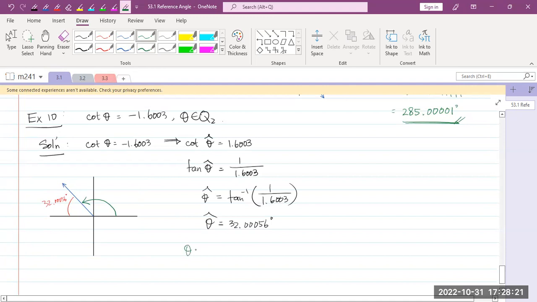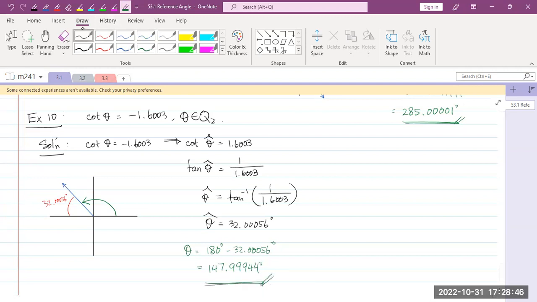Well, theta will be 180 degrees minus that reference angle. That gives me 147.9994. Okay, that's our section 3.1.